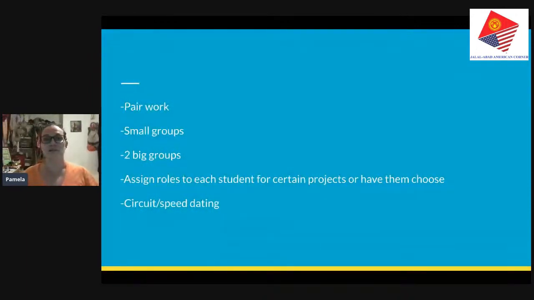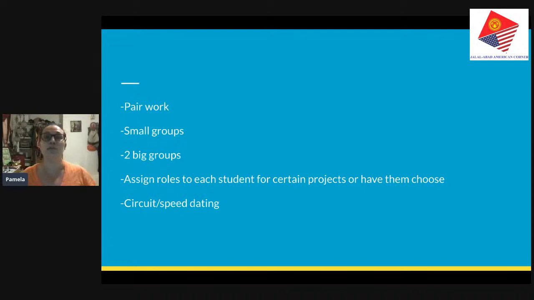And after the 2 minutes is done, the circle on the inside goes to the right. And now they are talking to the next person in the circle. Then they talk for 2 minutes and then you go again. The students love this. I love this when I do this in class, when I'm in foreign language classes, because you get to talk to everybody in the class.